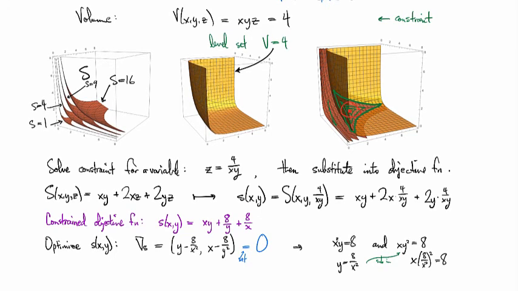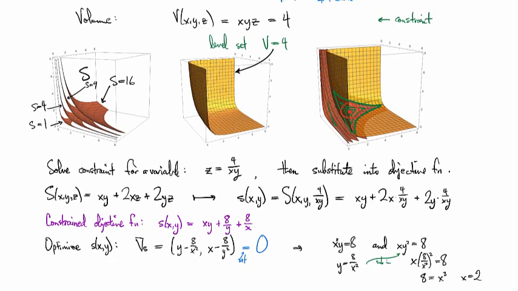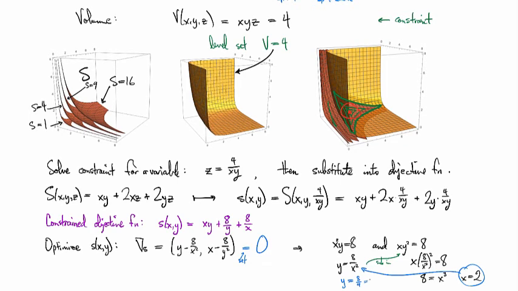Then doing some mucking around with the algebra, we get 8 equals x cubed, and that tells us that x is equal to 2. And then if x is equal to 2, we can substitute that back over here to find that y is equal to 2 also.